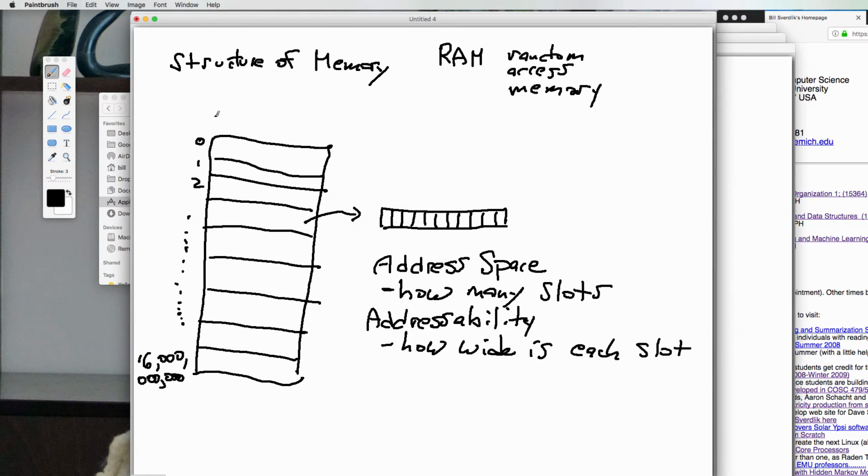Okay, so you could think of this distance from here to here as the addressability. And you could think of this here as the address space.